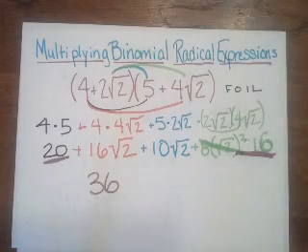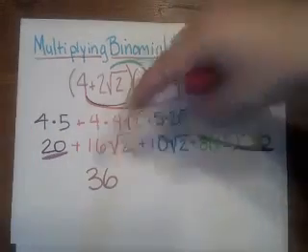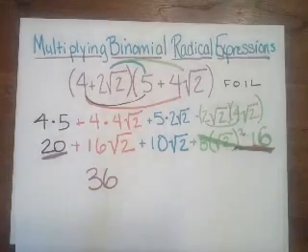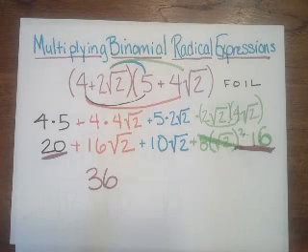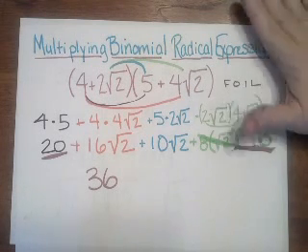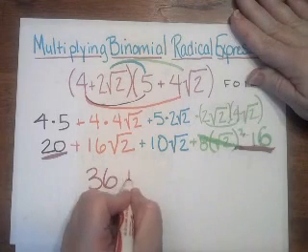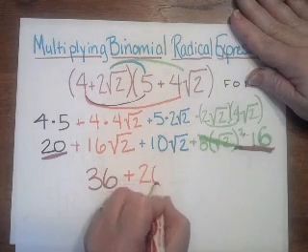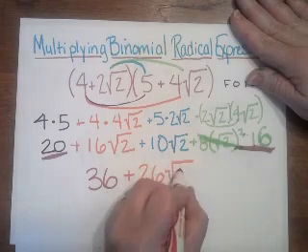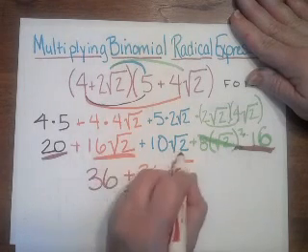And then I also have like radicals because they both have the square root of 2. So those I can put together as 16 plus 10 square root of 2, which is going to be 26 square root of 2. That's this one and this one.